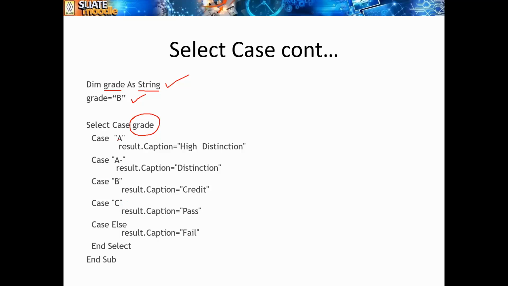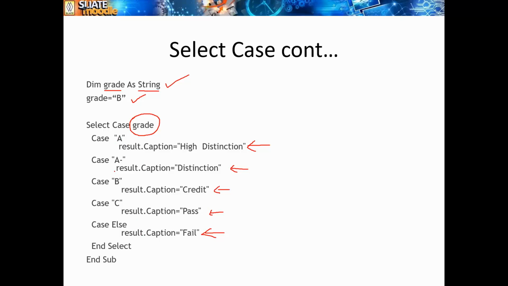So when the value we store within the grade variable is equal to A, you are going to do this line. And if it is A minus, this one; B, this one; and if it is C, you are going to do this one. Or else, that means if it is not A minus, B or C, you are going to do this option, right? So this is how this works.